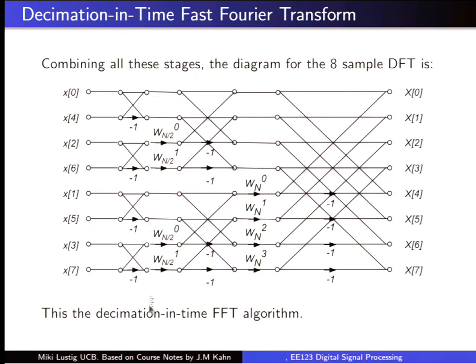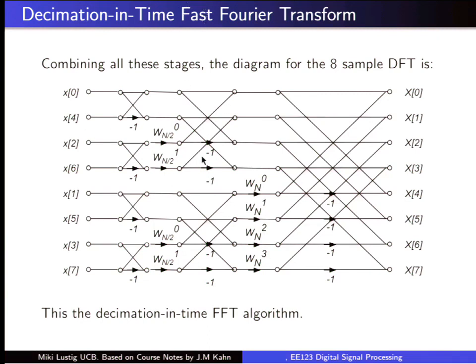Then you end up here, and then here's what you do. You add, subtract, and get a result. You add, subtract, get a result. And then for these guys, you add, subtract, multiply by a twiddle factor. Then you end up here, and then again, you add, subtract, and so on and so forth.